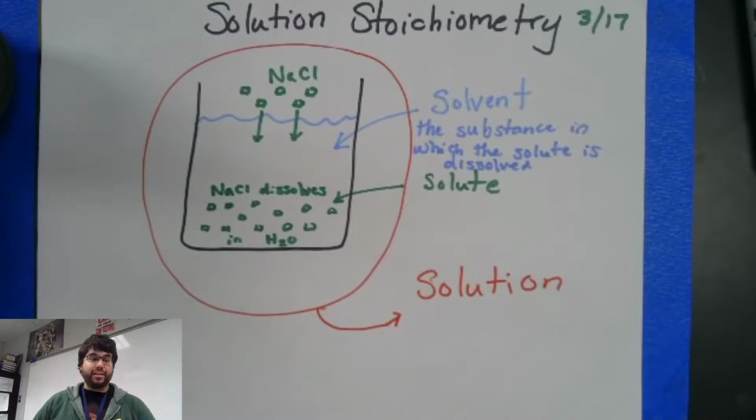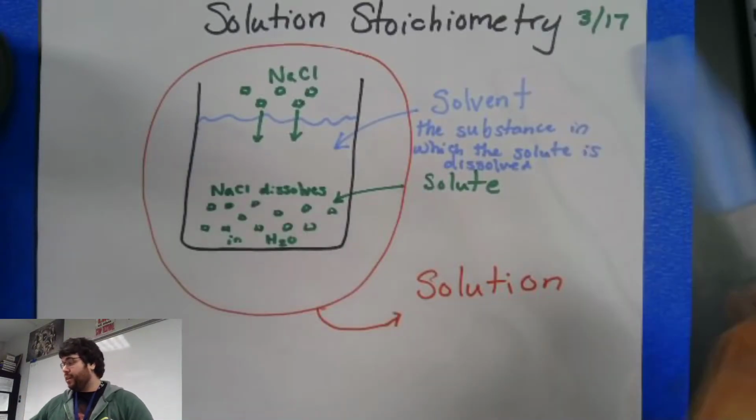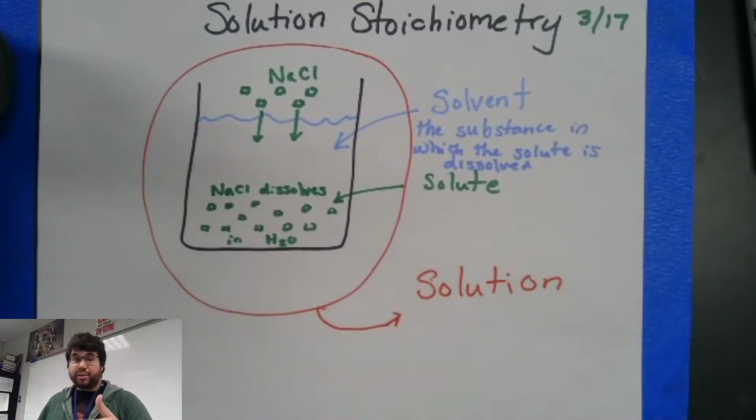Water a lot of times is a solvent. Most of our bodies is water, like 70% of our cells is water. That's because the solvent of our cells is water. All of our organelles, the chromosomes, all that stuff is dissolved in water. It's floating around in water. And the solute of salt water, or the solute of a cell, are all those organelles, all that stuff that is in the water.